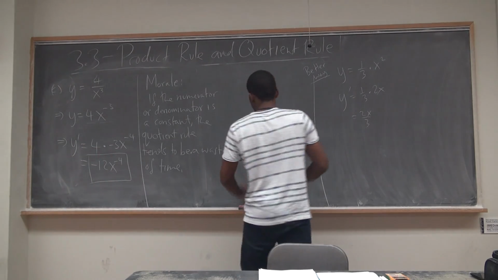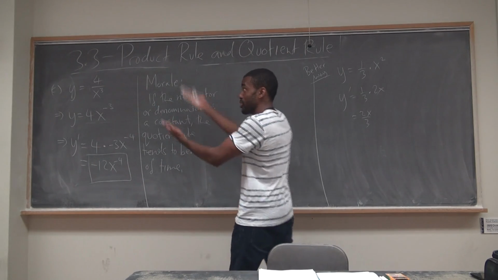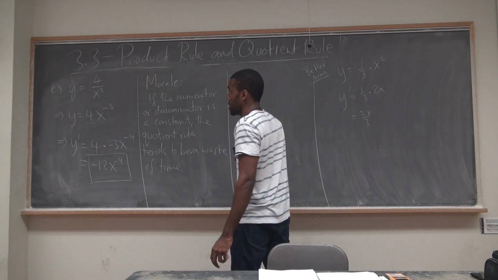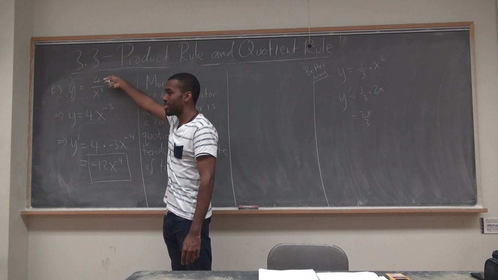And yes, I've seen people use the quotient rule on things where they didn't have to use the quotient rule and they ended up getting the wrong answer. Whereas if they saw it the other way, they would have gotten the answer pretty easily and correct, right? So something like this, yes, it's a division, but the top is a constant, right?